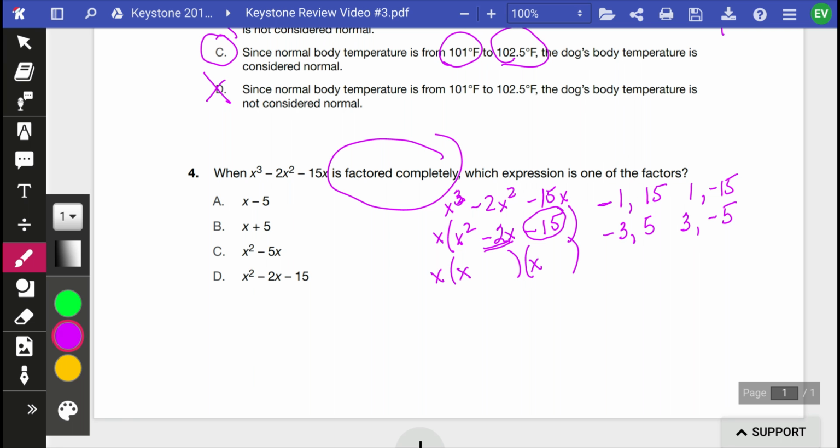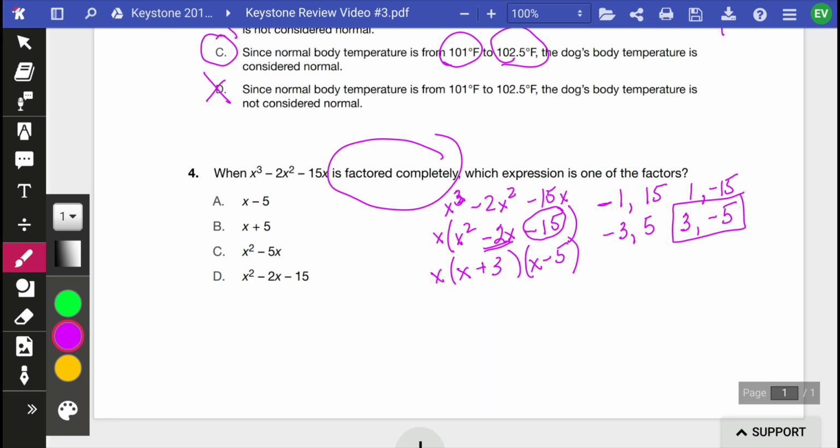The ones that add to negative 2 are 3 and minus 5. So x plus 3, x minus 5. There are other ways to factor a trinomial, but at this point, this was pretty straightforward and easy. So I would just puzzle it out like that.